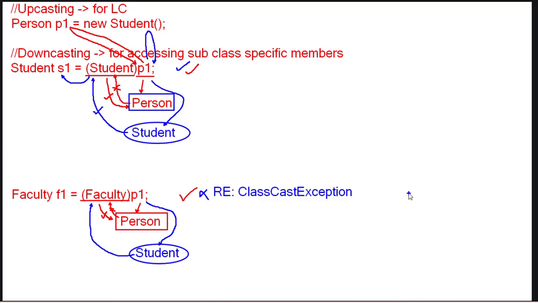Converting a subclass object from superclass type to its own type by using the cast operator is called downcasting.